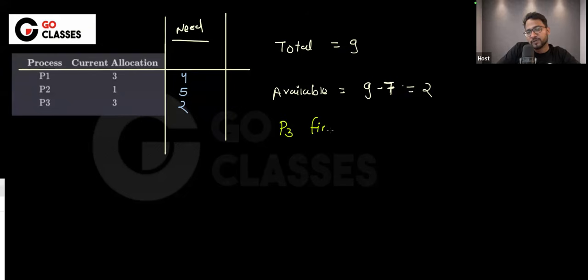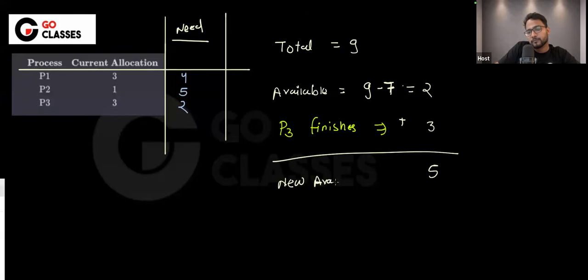So after P3 finishes, you will be having three more, so five is the new available. Now, P3 got finished.